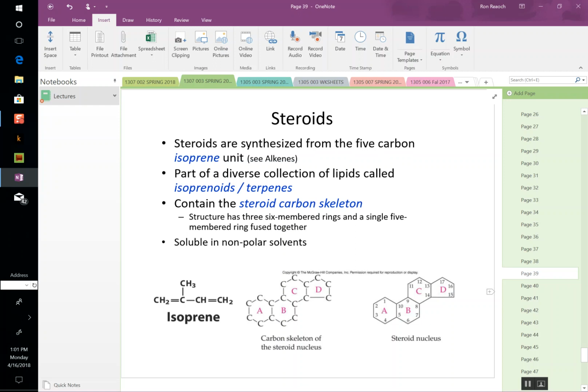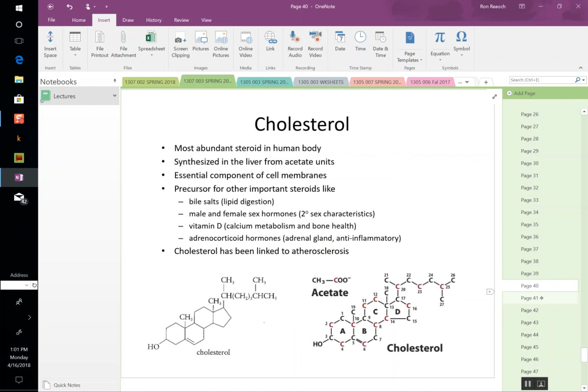That's your steroid nucleus. These 2 carbons are bridging between these 2 rings, fused. That's what we would refer to as fused rings. They are integrally attached to one another. So this makes up the steroids.